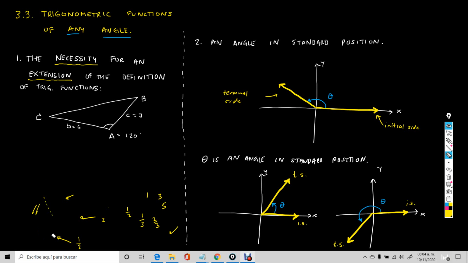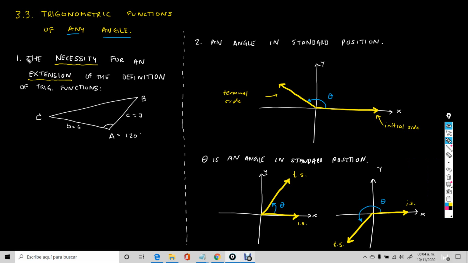We're going to extend our definitions of trigonometric functions so that now we can talk about the trigonometric function, not just of acute angles, but any angle whatsoever. So that's the philosophical, or the meta-mathematical context of all of what we're going to do today.